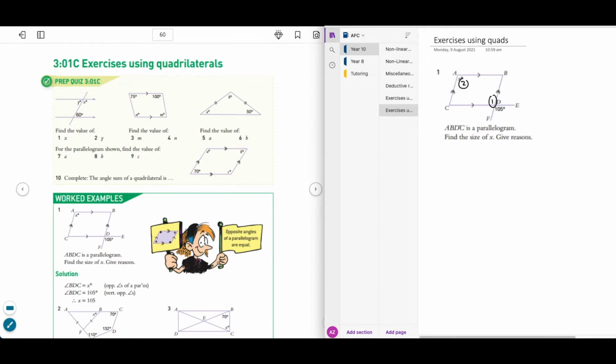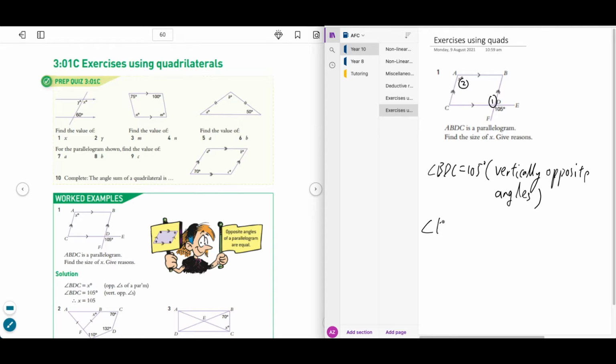Okay, so let's start writing the reasons. We can say angle BDC is equal to 105 degrees, and the reason: vertically opposite angles. Now, I don't recommend writing the short reasons that they have here. I want you to write the full words: vertically opposite angles. And then you can say angle BAC is equal to 105 degrees because opposite angles of a parallelogram.